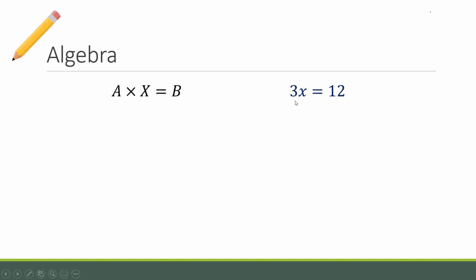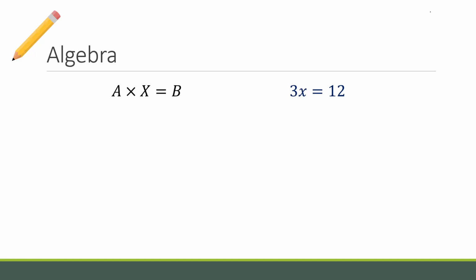So let's say we wanted to solve this equation and find out what x is. I know a lot of you can easily say, if I divide both sides by 3, I find out x is 4. And that would be correct. But I'm going to show you another, really pointless and very long way you could solve this. You might be saying, sir, why do you want to show me a really long and pointless way? Because it's going to obey all of the rules of matrix multiplication. Let me show you how.